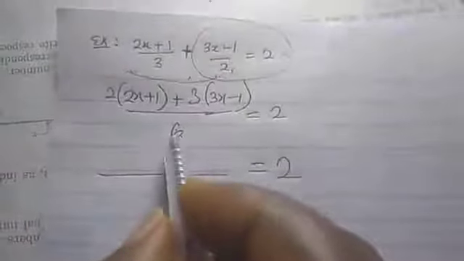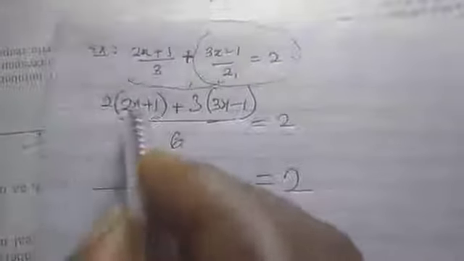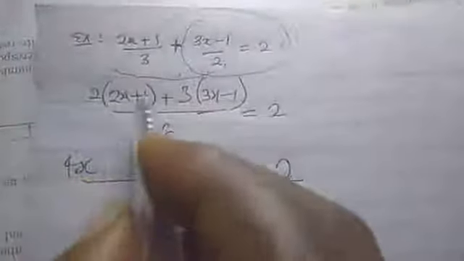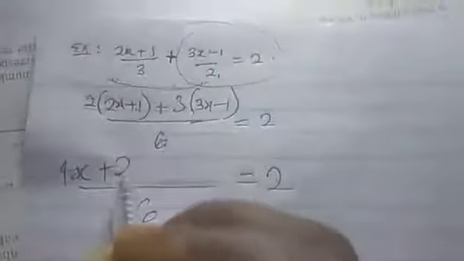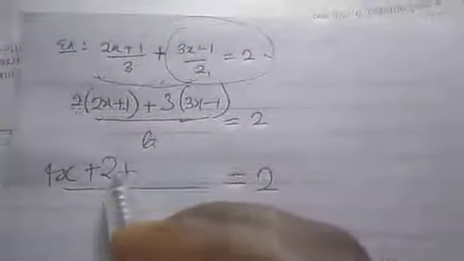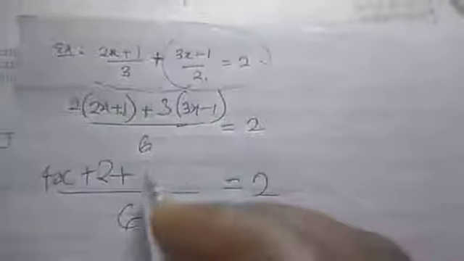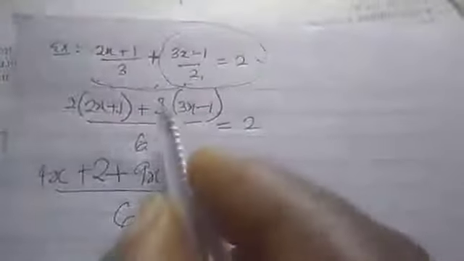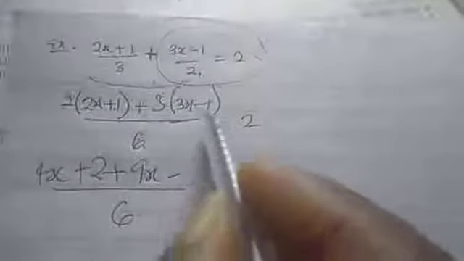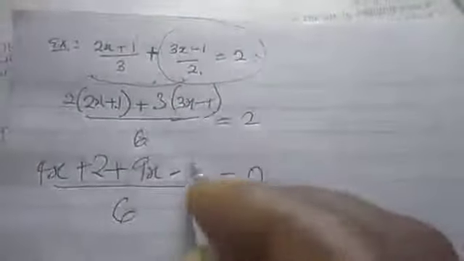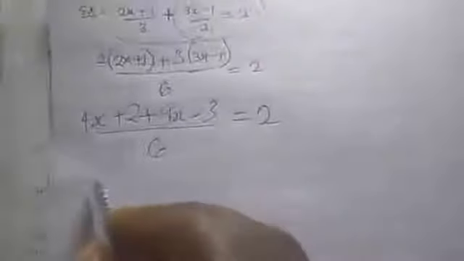Now, let me put our 6 here and expand. 2 times 2s, that is 4s. 2 times 1, that is 2, plus 3 times 3s, that is 9s. There is minus there. 3 times 1, that is 3. So in this place, we rearrange.